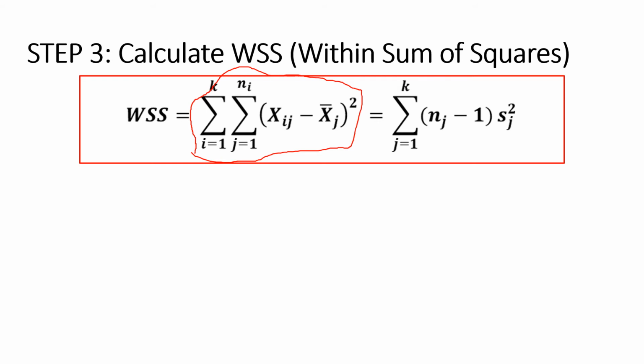So we take the first central city observation, subtract it from the mean of the central city, and we do that for all 8 observations, square each, and then repeat for suburbs: the first suburban observation minus the suburban mean, squared, then the second, and so on, and then we repeat that for the rural examples.